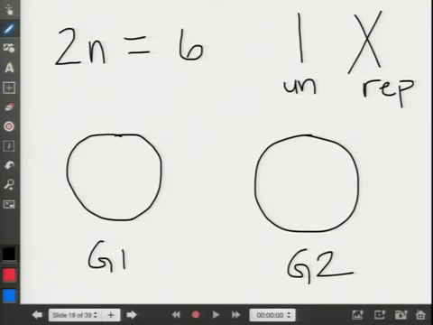Oh, and just the number of lines is good too. That's fine.